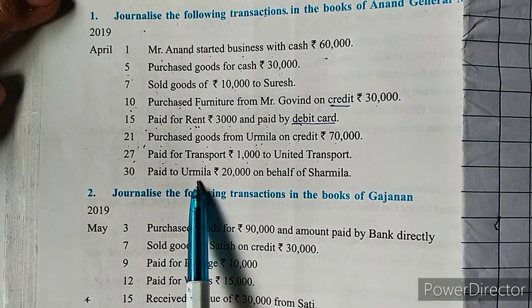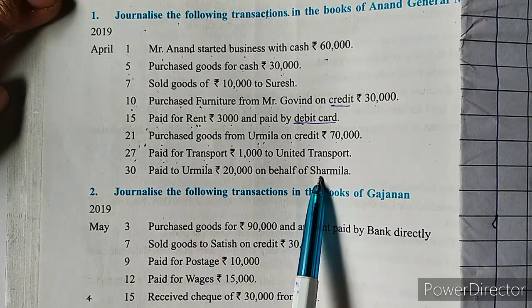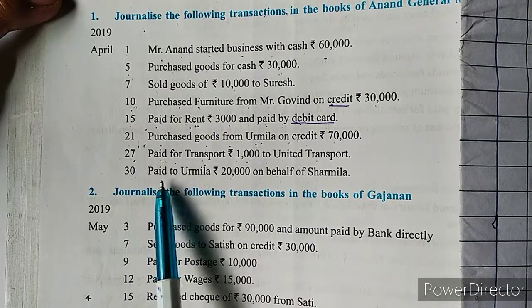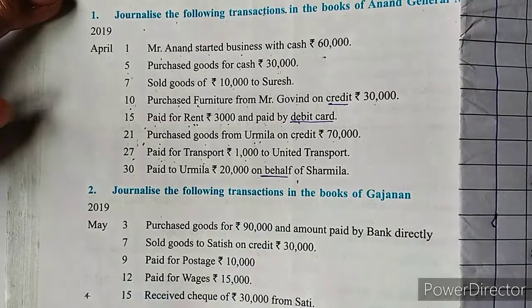Now see, on 30th April, paid to Urmila rupees 20,000 on behalf of Sharmila. Now paid to Urmila, but here Sharmila is the indirect receiver of the amount, because it was paid to Urmila on behalf of Sharmila.